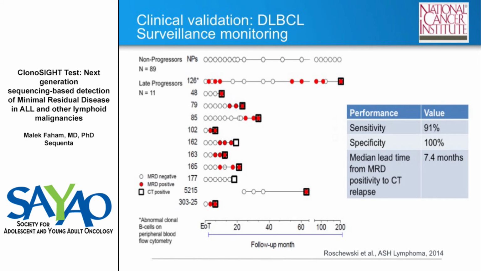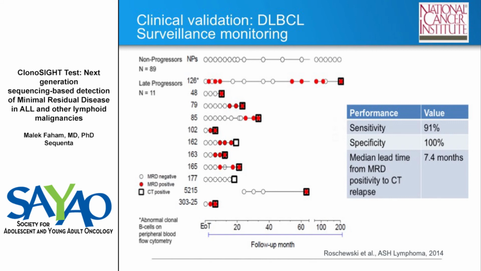Another application is in the lymphomas, and I will restrict myself to diffuse large B-cell lymphoma. This is in collaboration with the NCI, Dr. Wyndham Wilson. This is looking at patients who have finished the course of treatment, the induction and treatment, and now they are in surveillance.